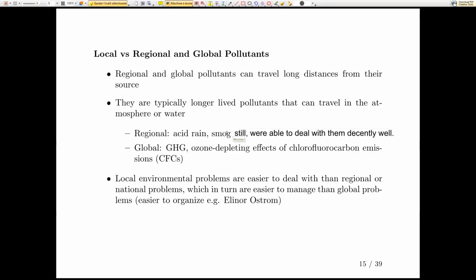A friend of mine was living in Mexico City at some point, and she said that Mexico City was the only city at the time where you could see the air that you breathe. But now in Mexico City, they were able to implement quite stringent rules on cars, and the air quality is much better.